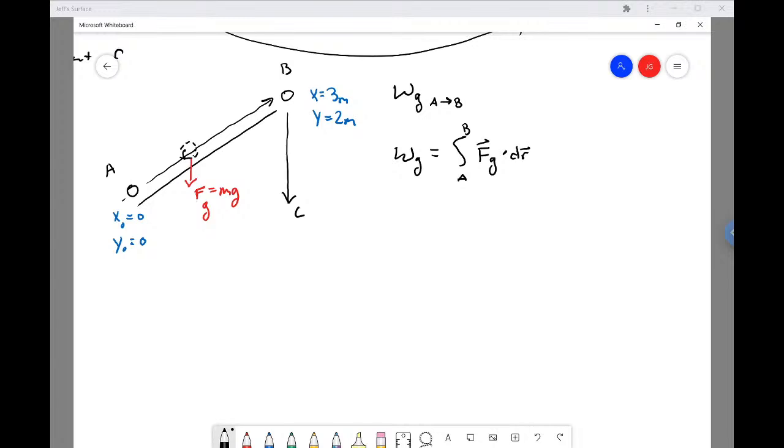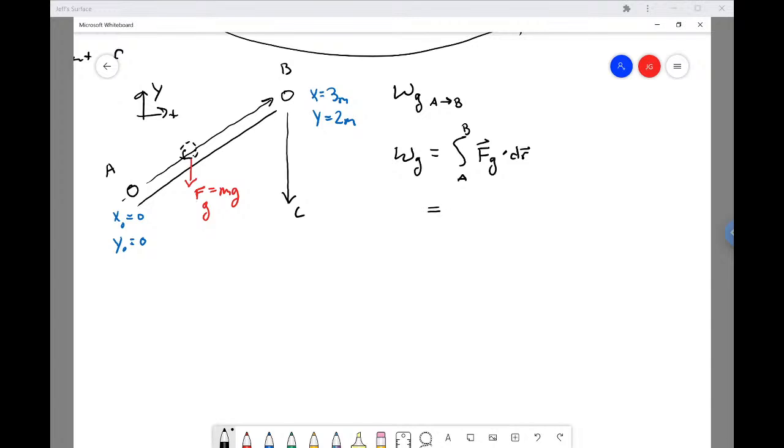And so the way we can write that is, well, dr is this composite of, there's an x part, a y part, a z part, and here we can ignore the z part because there is no z part, but there is an x and the y part to the situation.